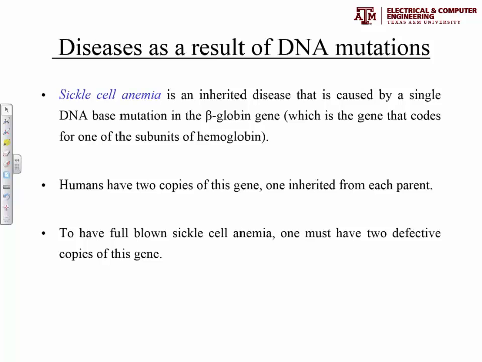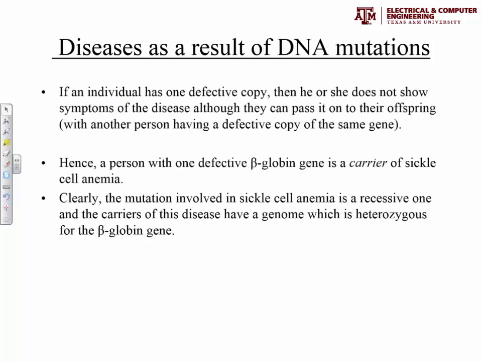Humans have 2 copies of this gene, 1 inherited from each parent. To have full-blown sickle cell anemia, you must have 2 defective copies of this gene, so both your parents have to give you their bad genes. Then you're in trouble, and that can become a life-threatening disease. If you get only 1 bad gene from one parent and a good gene from the other, you're still okay, you can function.